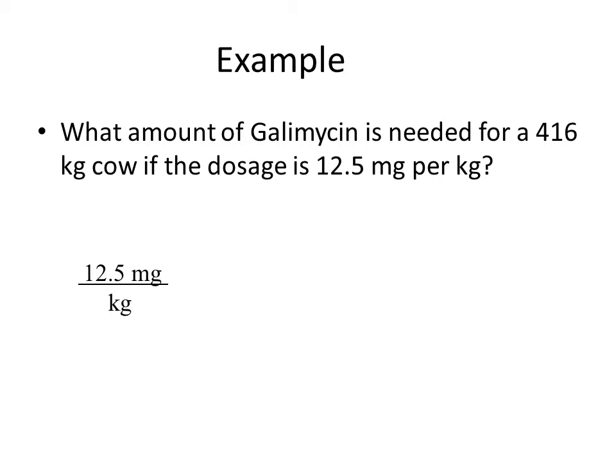I do that by multiplying by the mass of the cow. By multiplying by the mass of the cow, I come up with 5,200 milligrams. Now, I've also written it as 5.2 grams, but you see that it says what amount. It does not specify a particular unit, so you're allowed to choose what unit you would like to use.